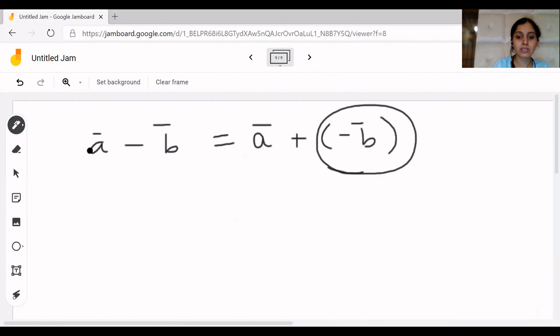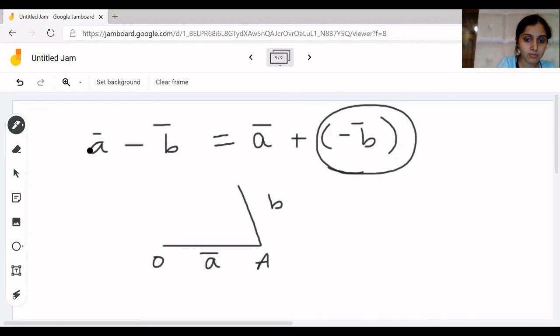Now, how do you represent this in a diagram? So let us say that I have OA as A bar, then I have AB as B bar, and I have OB as my resultant vector, that is A bar plus B bar. Then how do I represent A bar minus B bar? So I said adding the negative of B bar.